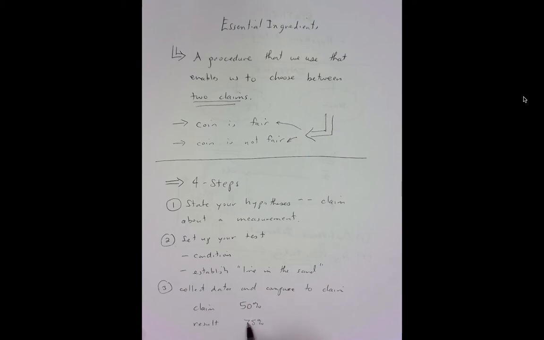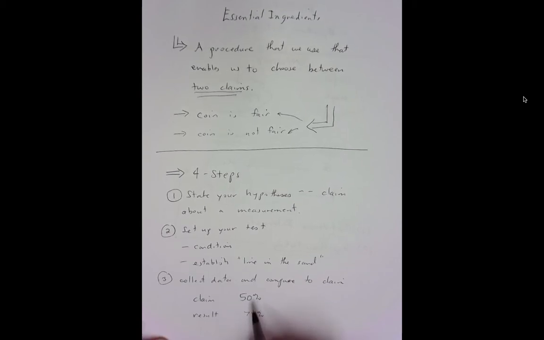Well, is 75% too far away from 50% to think that the coin is not fair, considering that these values you collect randomly are going to fluctuate, and we talked about that back in the confidence interval? Well, what if we got 60%? What if we got 45%? What if we got 52%? What if we got 53%?